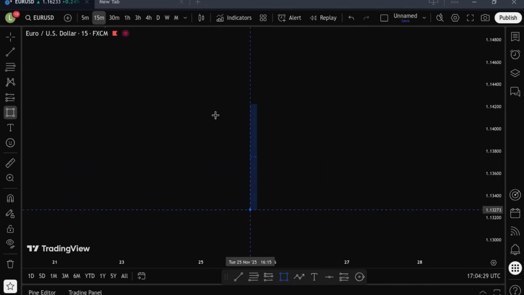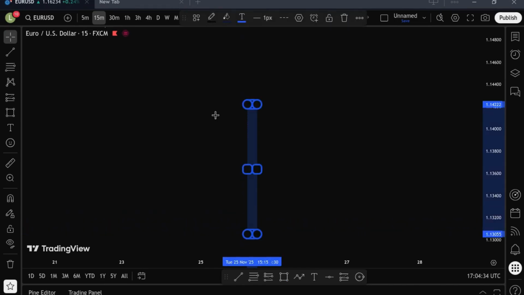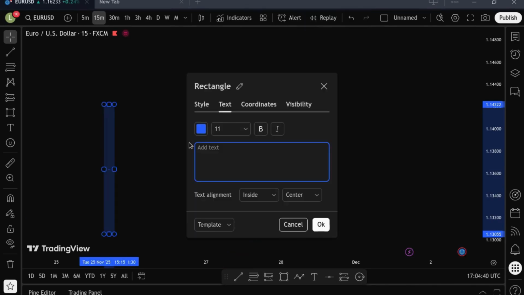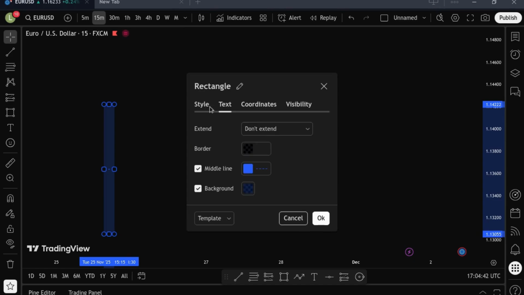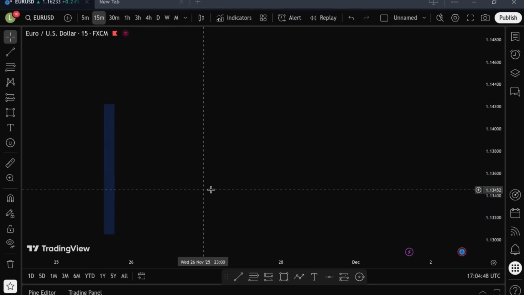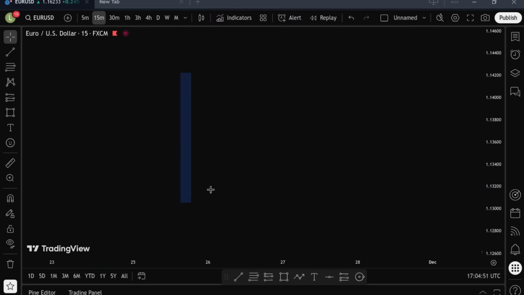Let's assume that this is the momentum candlestick. Let's assume that this is the candlestick, right? Price did this, and this is the momentum candlestick, right?